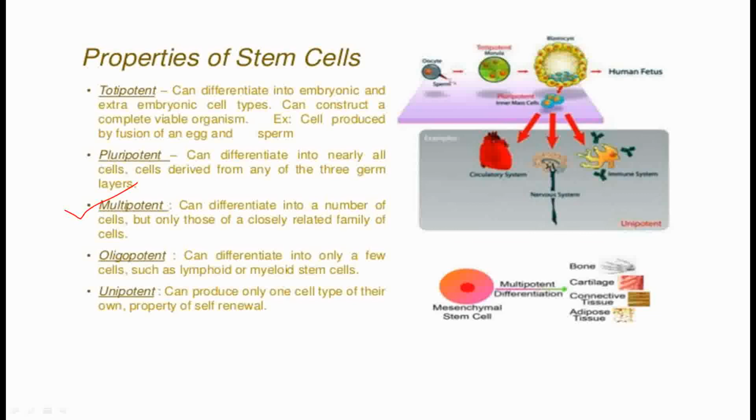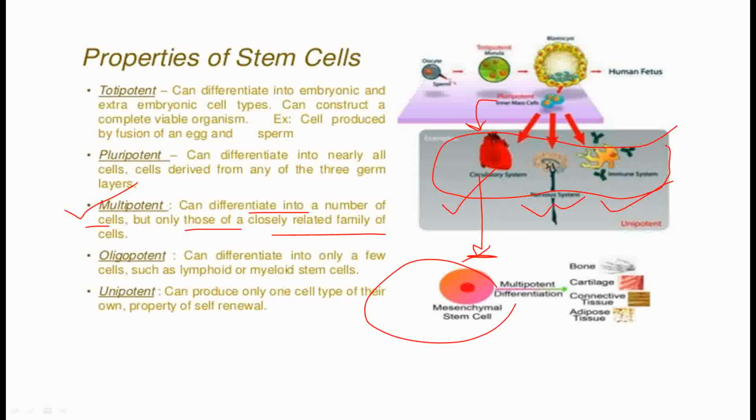Next one is multipotent, and these can differentiate into a number of cells, but only those of a closely related family of cells like circulatory system, nervous system, immune system. These are examples of pluripotent cells, and from this comes mesenchymal stem cell, and this mesenchymal stem cell forms various kinds of cells.